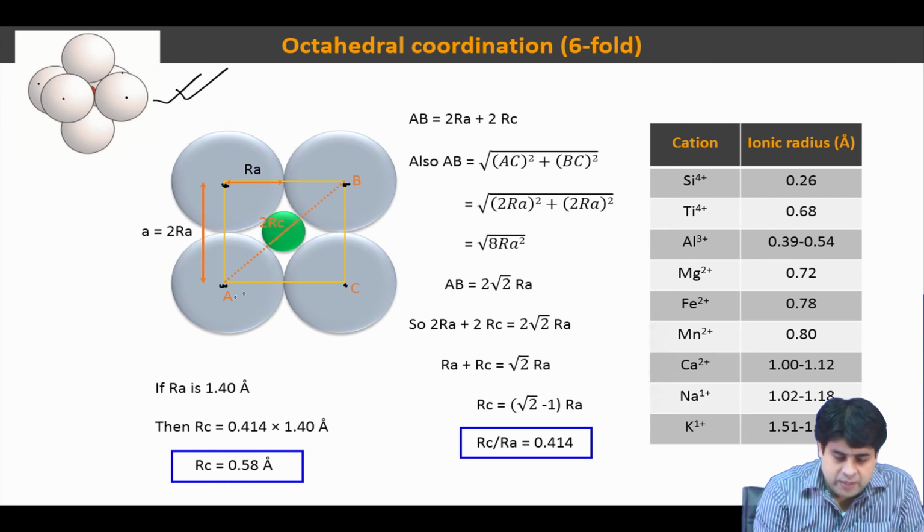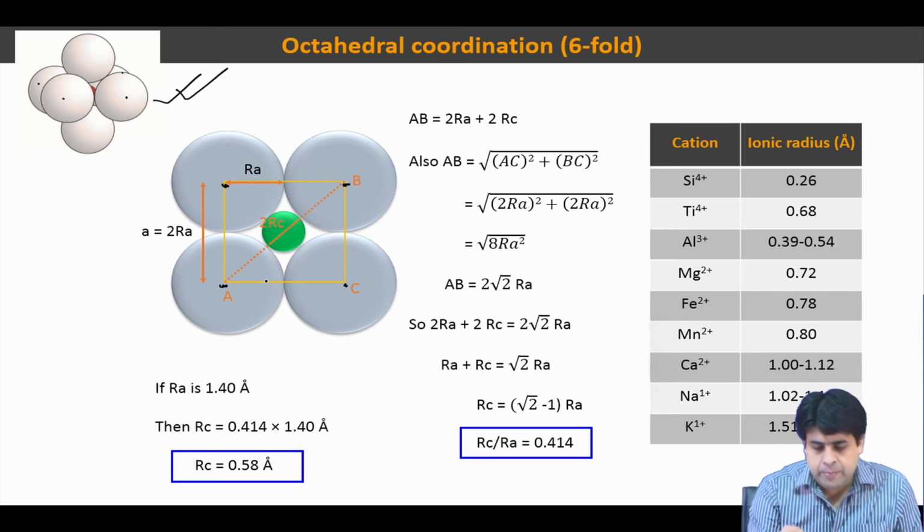If you take the diagonal, that is AB, that will define 2RA plus 2RC. So, the diagonal AB will be 2RA plus 2RC.